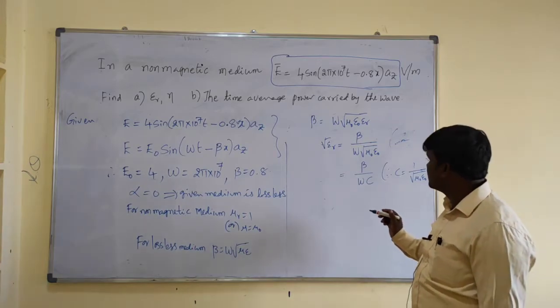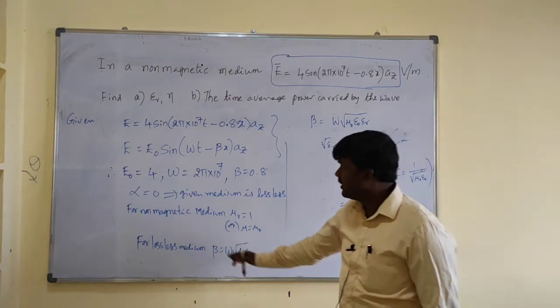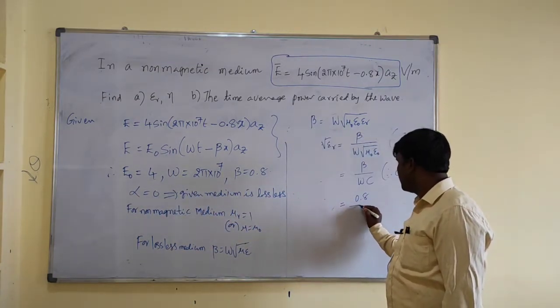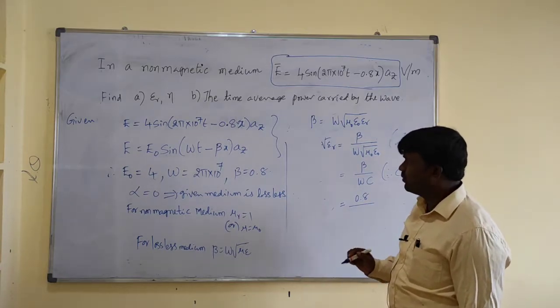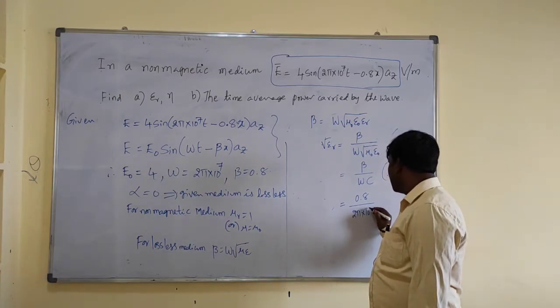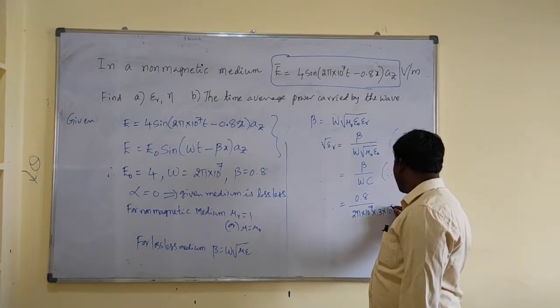Now we write the beta value. Already we have beta as 0.8, and omega is 2 pi into 10 to the power 7. And c is 3 into 10 to the power 8 meters per second.